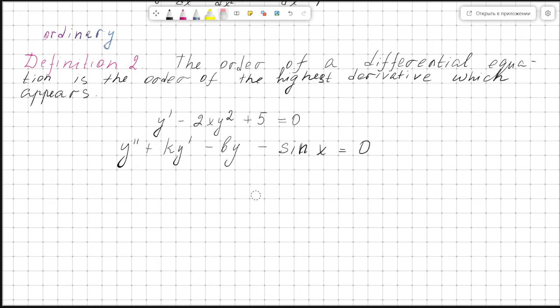Definition 3. The solution or integral of a differential equation is any function y is f of x which, when put into the equation, converts it into an identity.